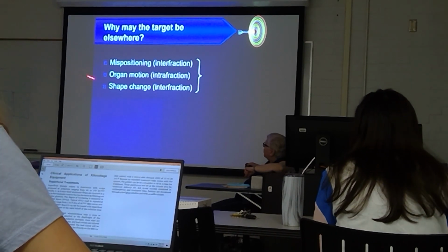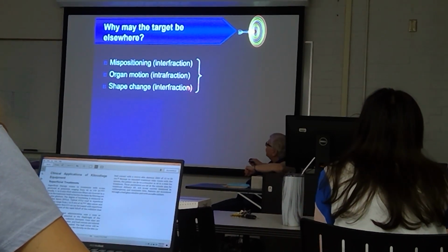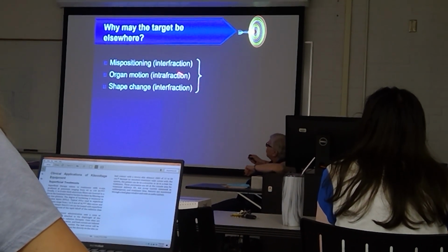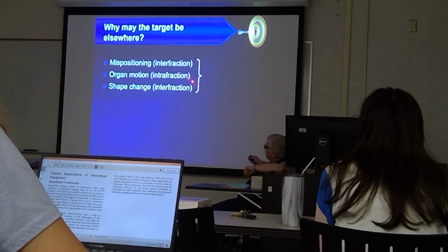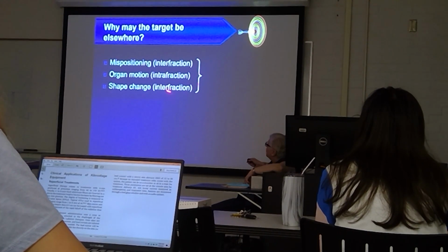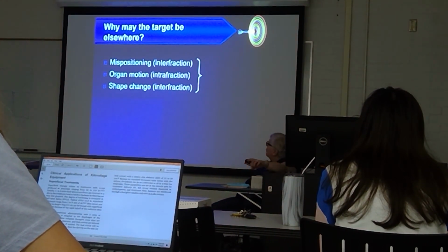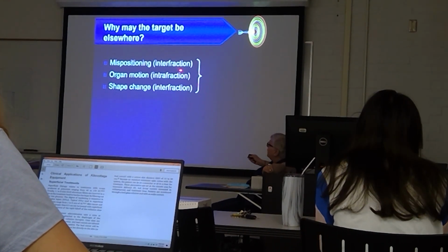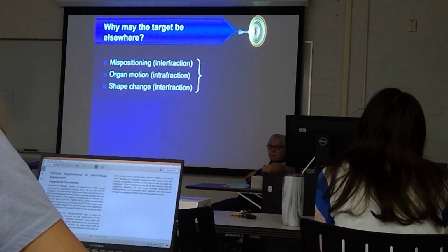So this is mispositioning, interfraction; organ motion, intrafraction, so this is while you're treating them. And then shape change, interfraction. If you look at the prostate, it may be slightly different in shape from Monday to Tuesday to Wednesday. It's another reason why we do IGRT.